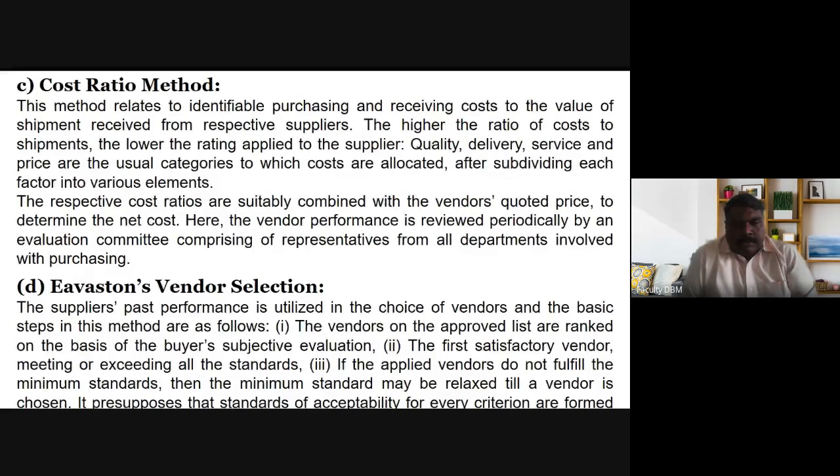It presupposes the standards of acceptability for every criterion are formed in order to take decisions. So here, a selection of vendor has been come out with. How is he going to select? He is going to see the past performances, then match the standards of the company.